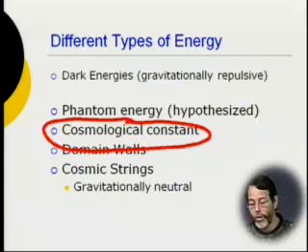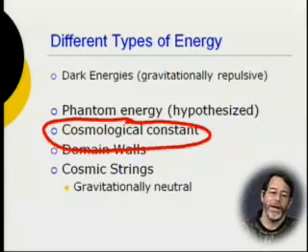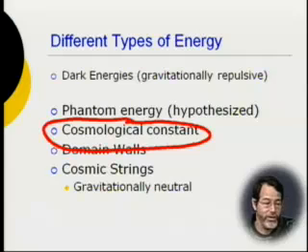Now, there's still a few holdout astronomers and physicists who think that that doesn't really exist. And every now and then you'll see a paper published trying to explain things without a universal cosmological constant. And the truth is, we only know that this kind of dark energy exists locally.